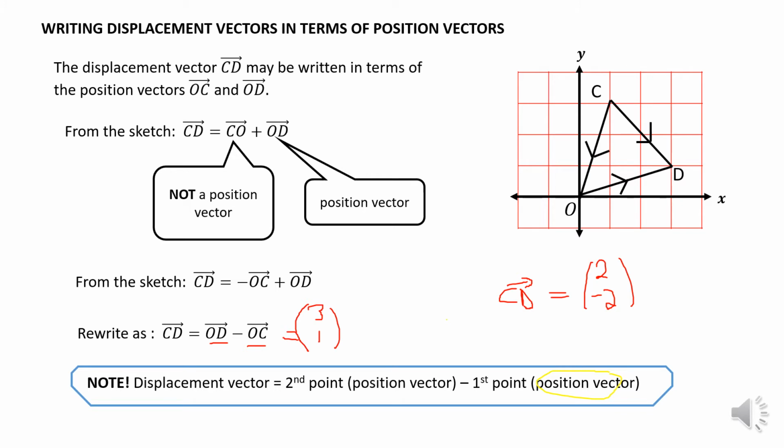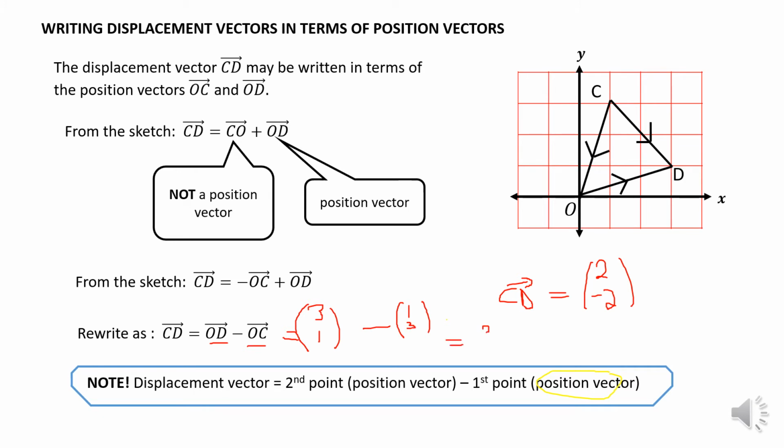Then we subtract OC, and OC is 1 across and 1, 2, 3 up. So when you subtract, obviously you're going to end up with 2 over negative 2, which is exactly the vector that we were looking for.